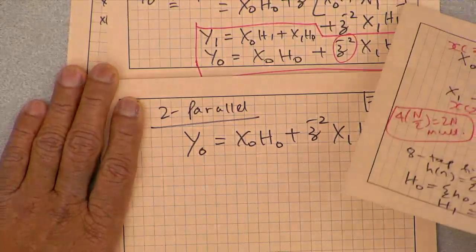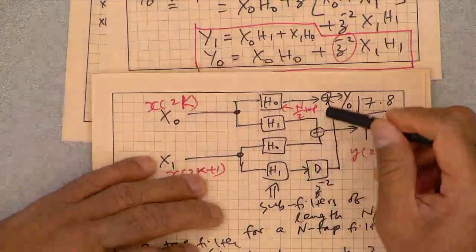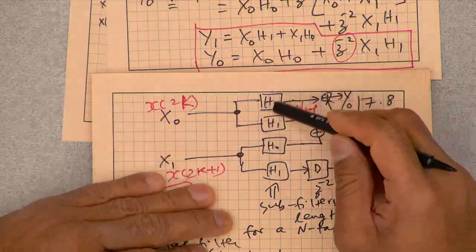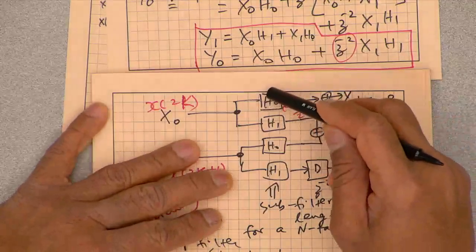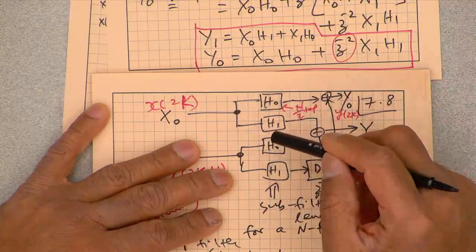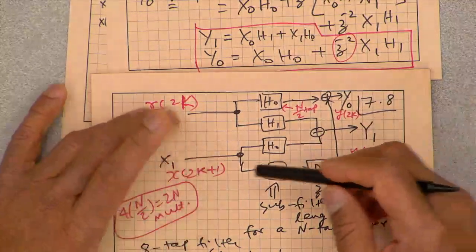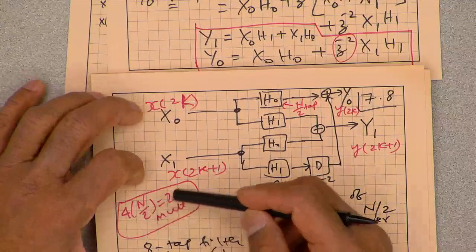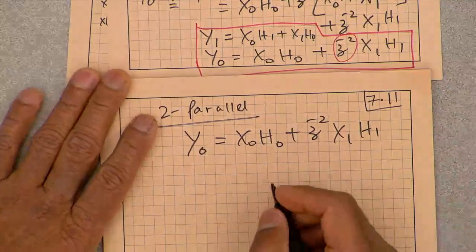So the way we get savings is that each sub filter is still n by 2 taps, but I can reduce the number of sub filters from 4 to 3, and then I can reduce the number of multiplications from 4 times n by 2 to 3 times n by 2. So instead of 2n, I can have 3n by 2 multiplications.